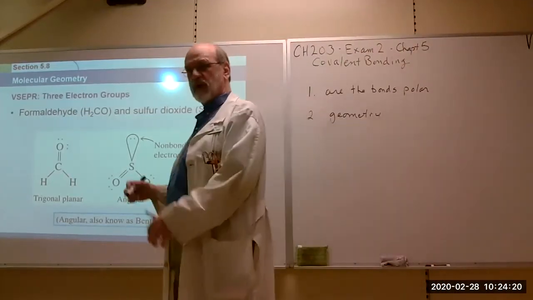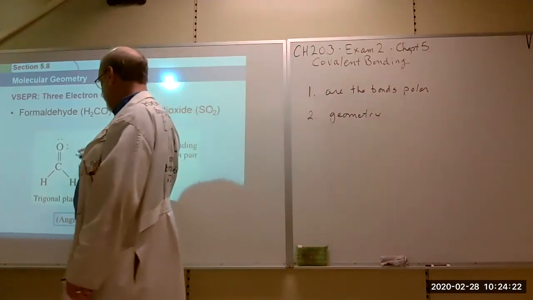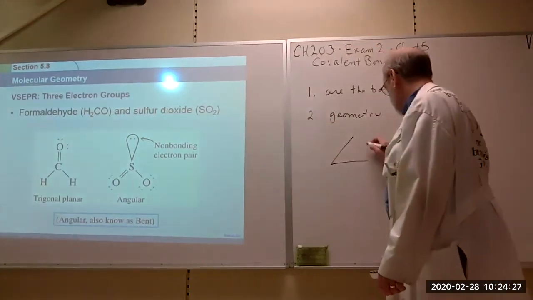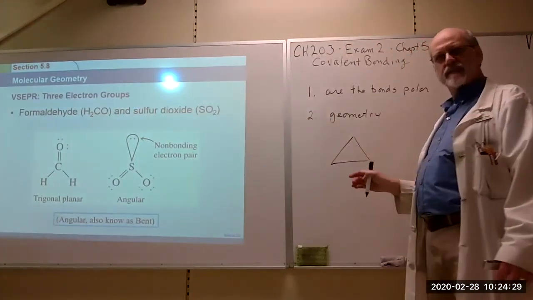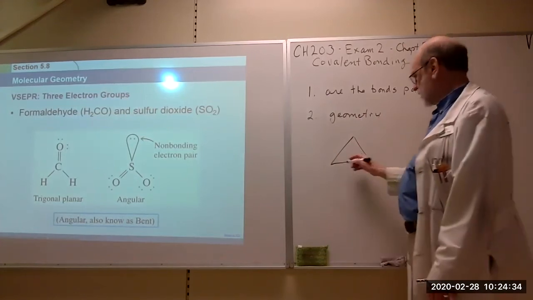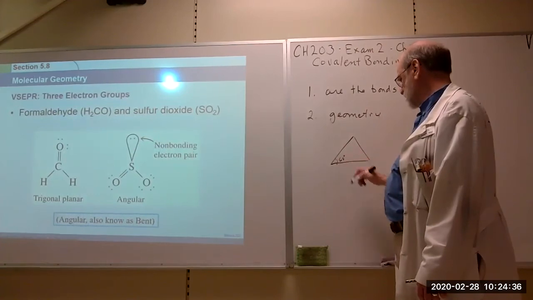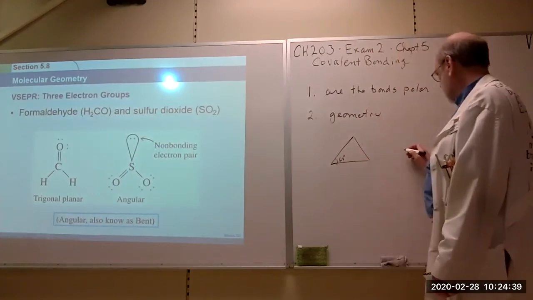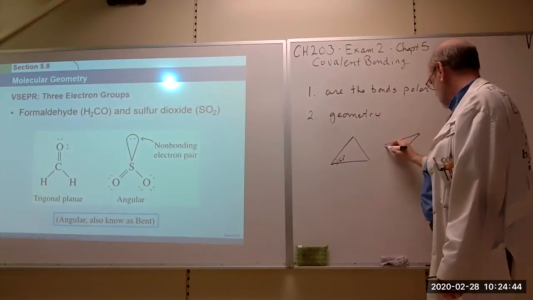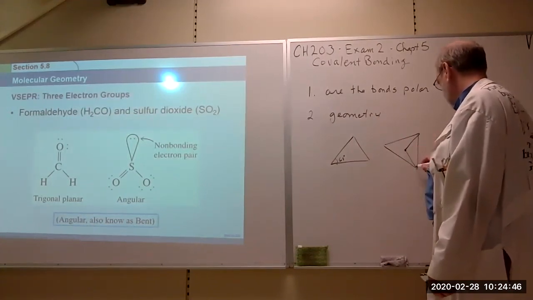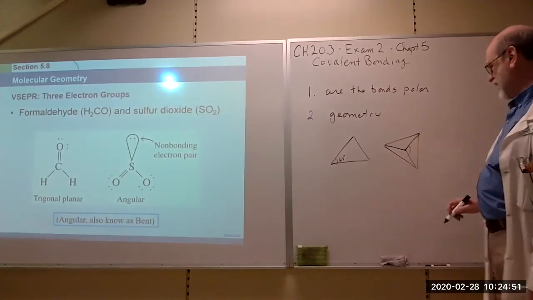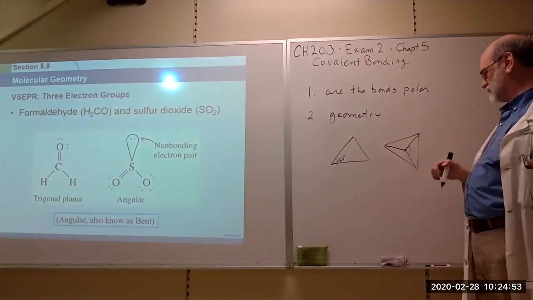So what's the bond angle while we're here? The internal bond angle, well, in an equilateral triangle, what do the angles have to add up to? 180, right? So each one of these would be 60 degrees. But if you're looking at a center to that point, what's the angle on that one?